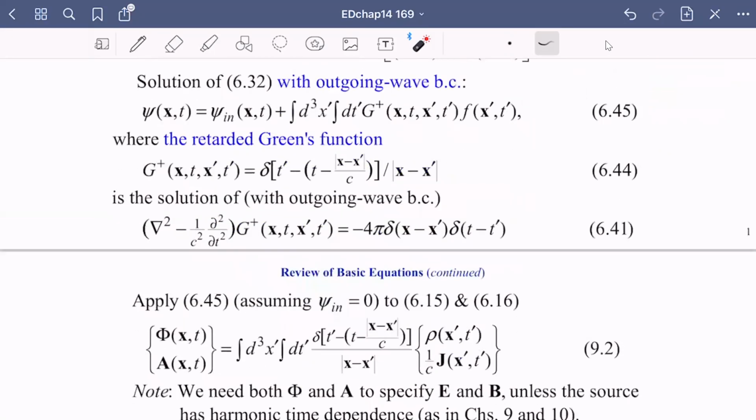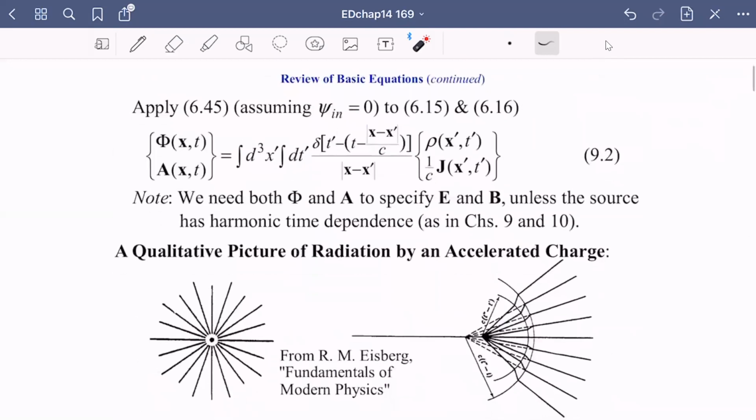Okay, now let me apply 6.45 by assuming that the incoming wave is 0. So scalar potential and vector potential, they have the same form, similar form. Okay, from this green function.